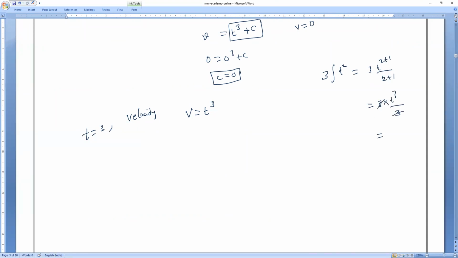So the 3 will get cancelled. Finally v is t cube. So t value is 3, and 3 power 3 is equal to 27. 27 meters per second. So that is the velocity.